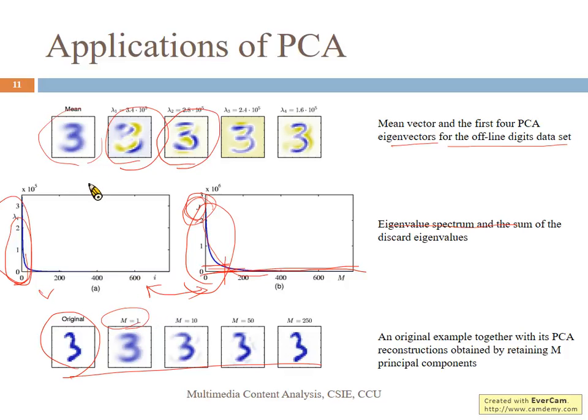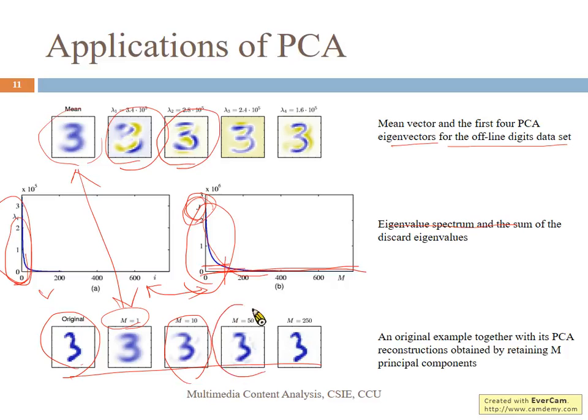Then if we reconstruct based on the eigenvectors with the 10 largest eigenvalues, we have a reconstruction like this one. We can see that this is more similar to the original data.